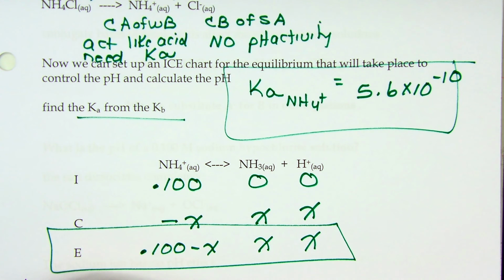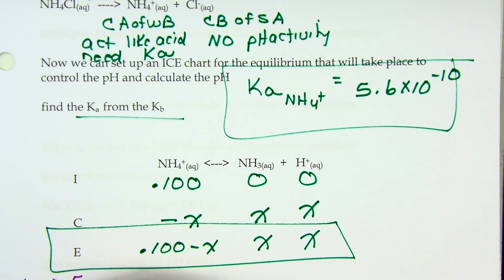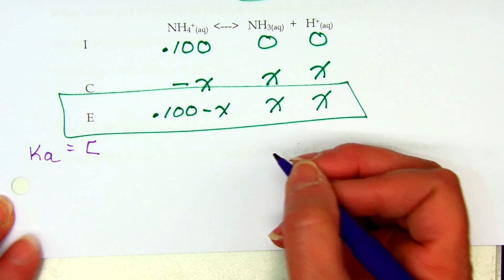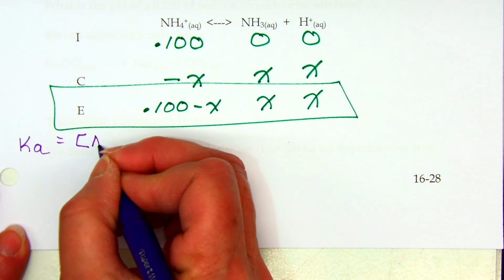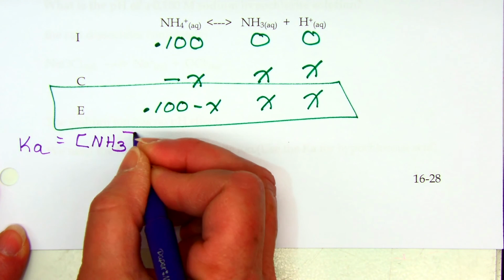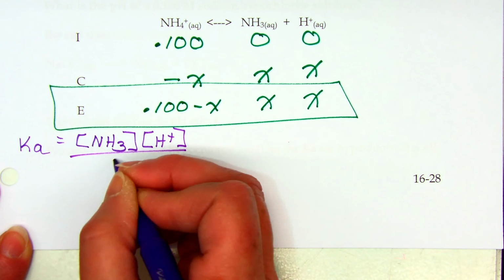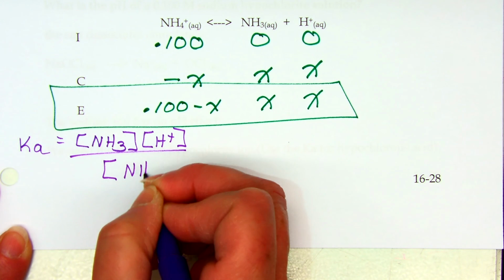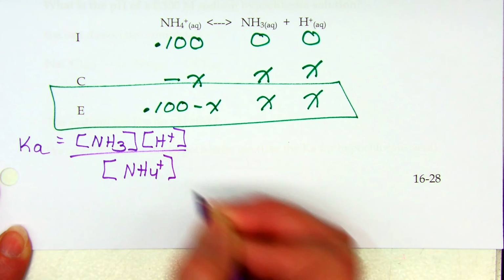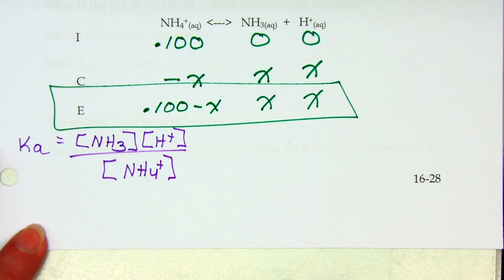So we know Ka is equal to the ammonia concentration times the hydrogen concentration divided by the ammonium concentration. So we can plug our numbers in.